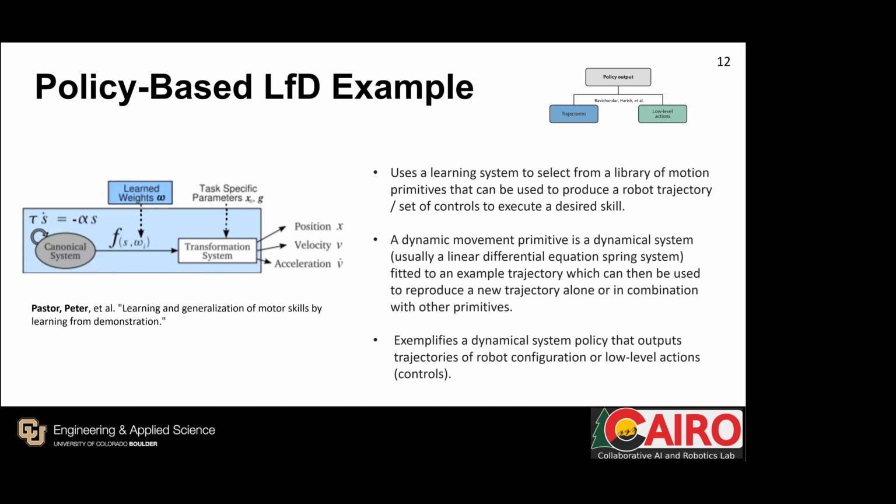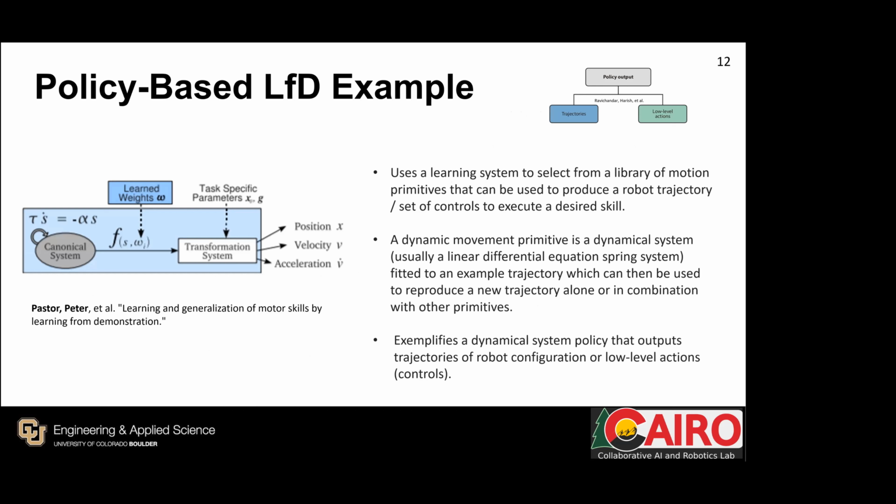As an example of policy-based LfD, Peter Pastor's paper, Learning and Generalization of Motor Skills by Learning from Demonstration, uses a learning system to select from a library of motion primitives that can be used to produce a robot trajectory or set of controls to execute a desired skill.